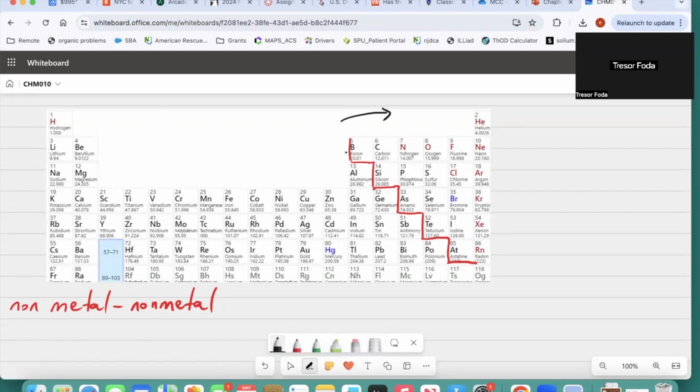Because if you are on the right side, you're going to be non-metal because you're electron poor, right? So these are going to be non-metal. And if you're on the left side of the stairways, you're going to be metal.